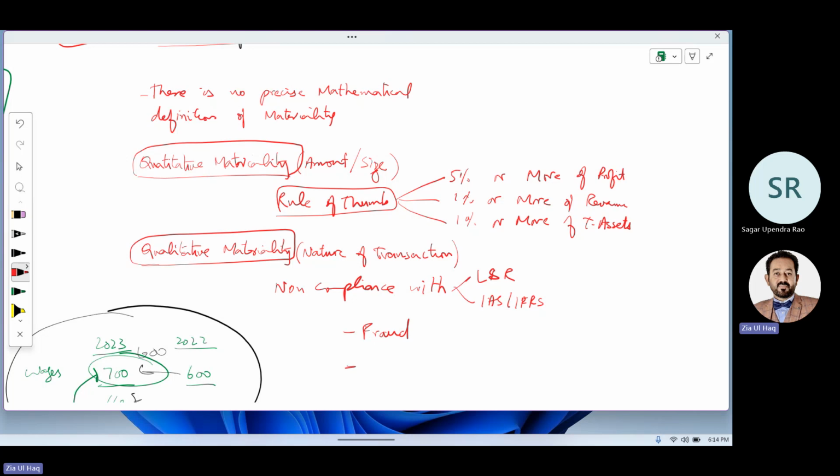If a small amount converts profit into loss or vice versa. What does vice versa mean? Loss into profit.